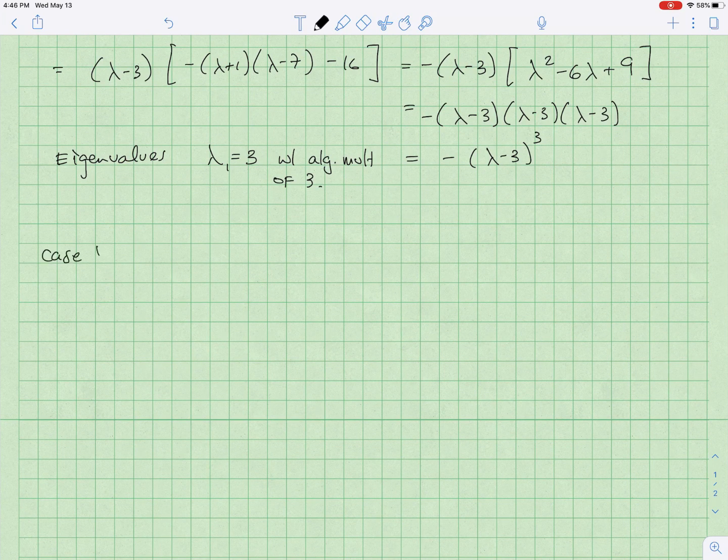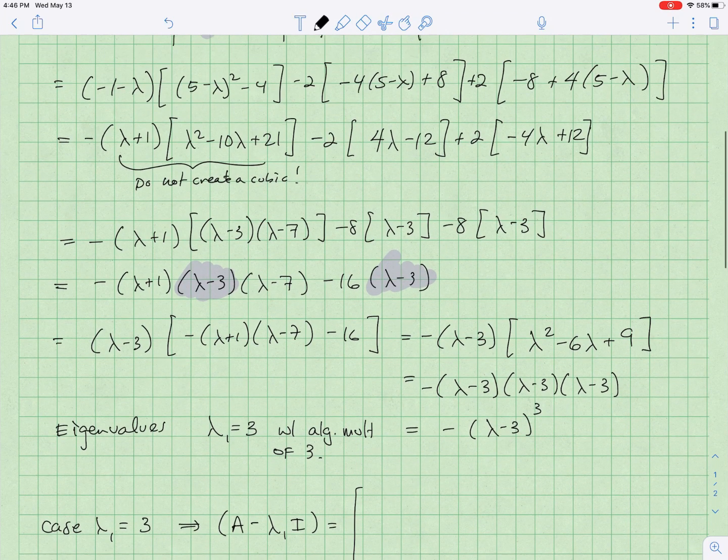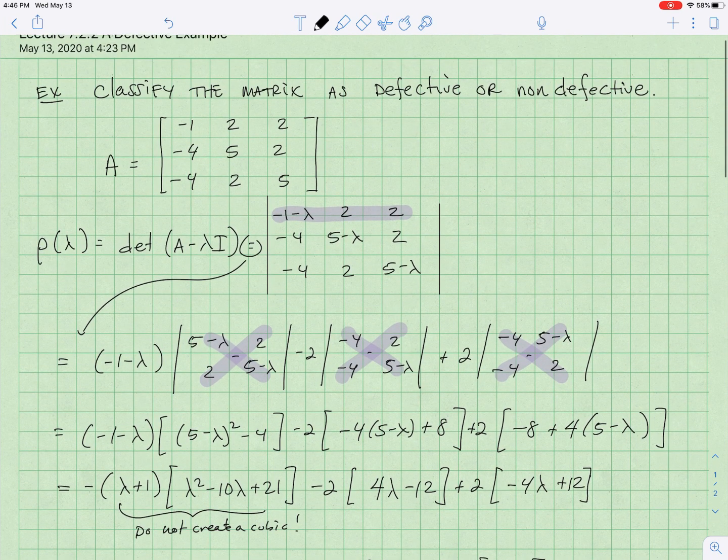Our only case, lambda 1 is equal to 3. We get A minus lambda 1 I is equal to the matrix, let's see here, subtracting 3 down the diagonal. Let me just grab this for reference so I don't make a mistake.